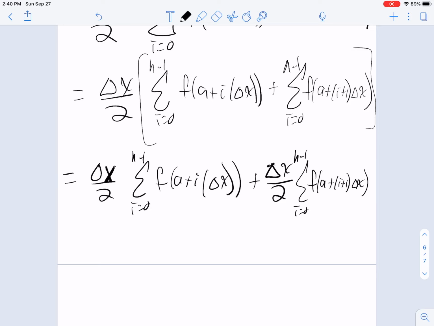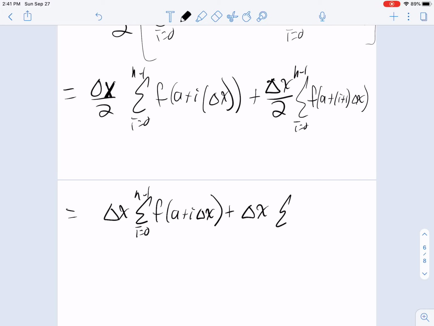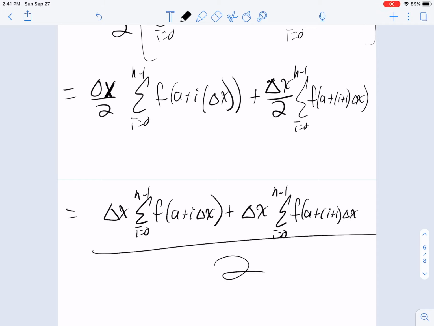Right, so we're adding these two things together, and you realize if they're both over 2, I could rewrite this finally as delta x sum I equals 0 to n minus 1, f of a plus I delta x, plus delta x sum I equals 0 to n minus 1, f of a plus I plus 1 delta x, over 2.